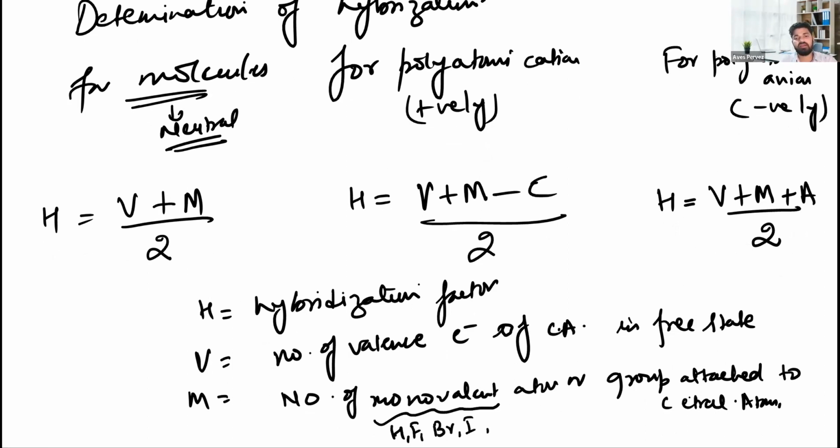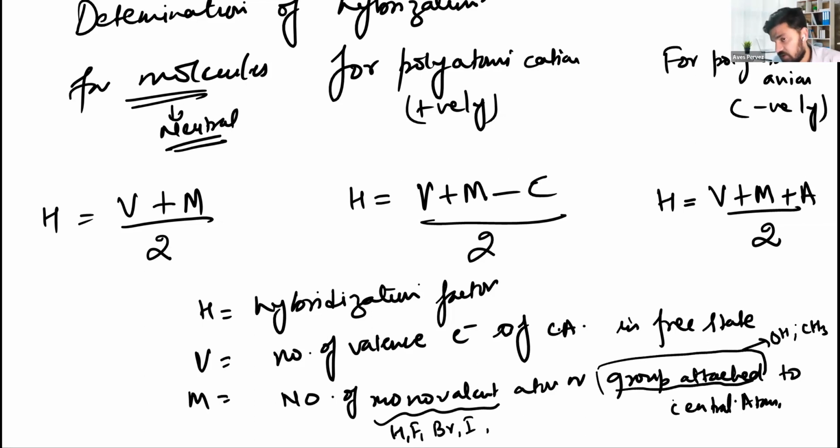And what does the word group attached mean? It means a monovalent group, that has valency 1, like OH, like CH3 minus. If a group is attached, then we will discuss it. Please note it down.